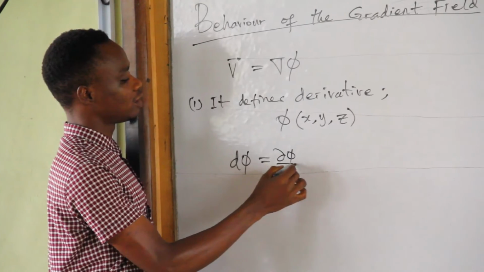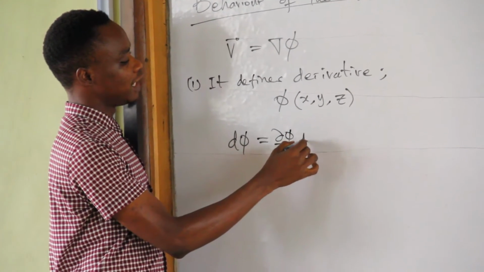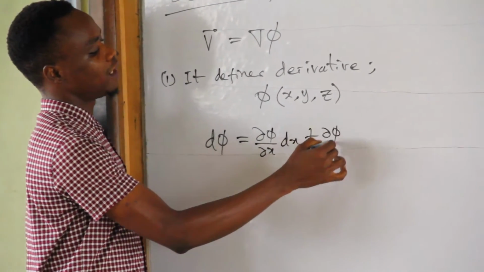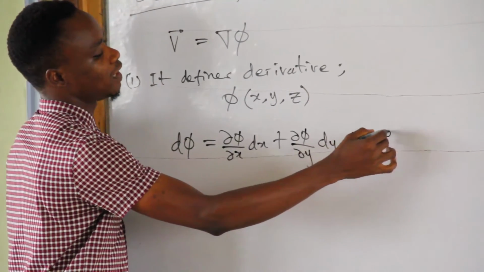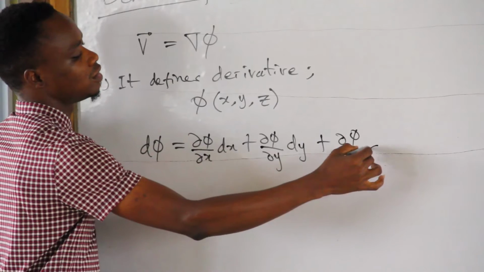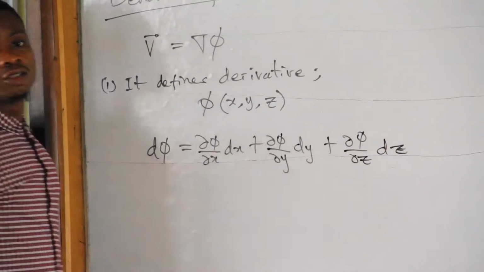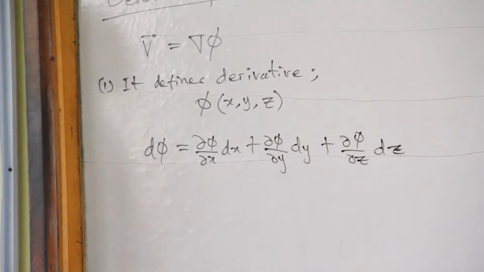Del phi del x dx plus del phi del y dy plus del phi del z dz. So this is the total differential.